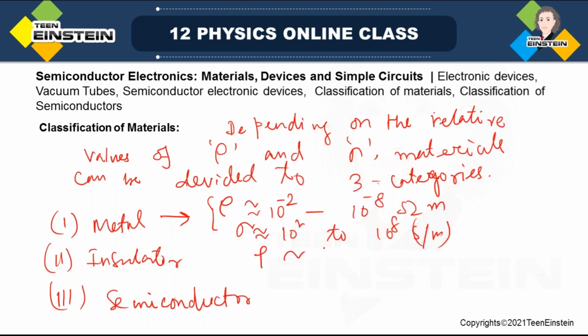And then insulator, in case of insulator, rho is very large. Generally, rho is 10 to the power 10 to 10 to the power 19 ohm meter, and just opposite will be sigma, which will be in Siemens per meter.